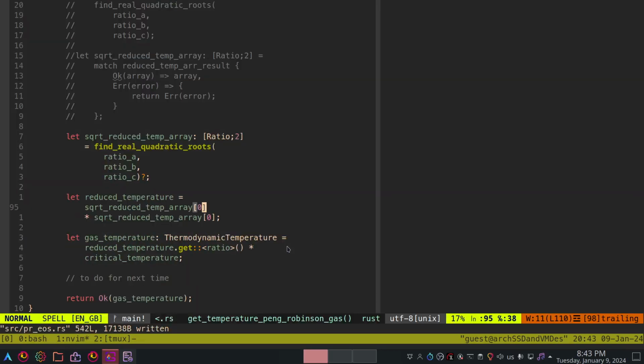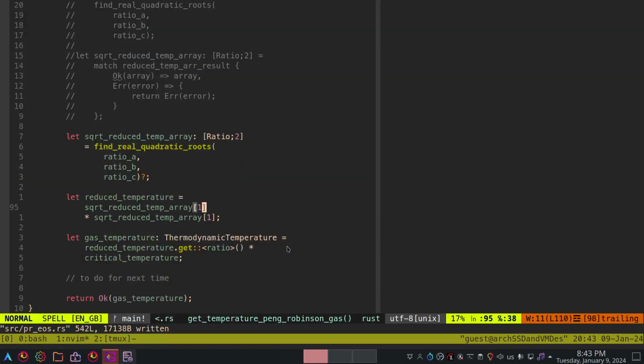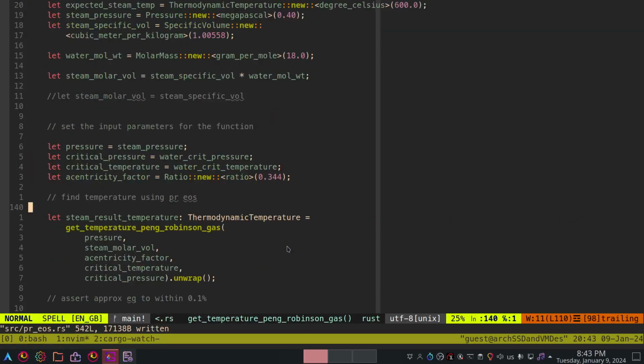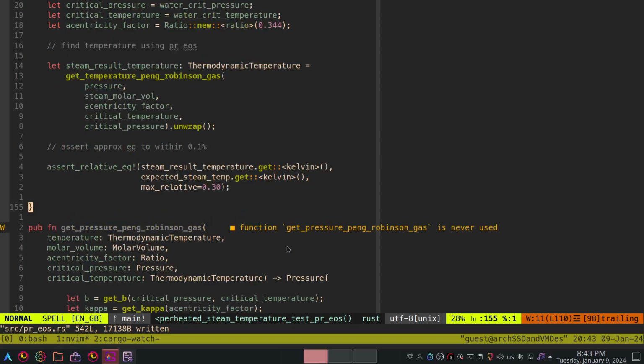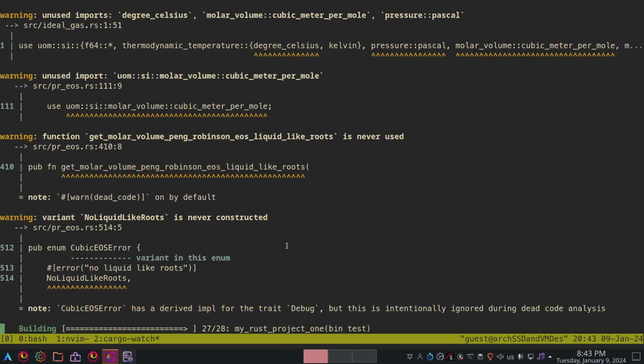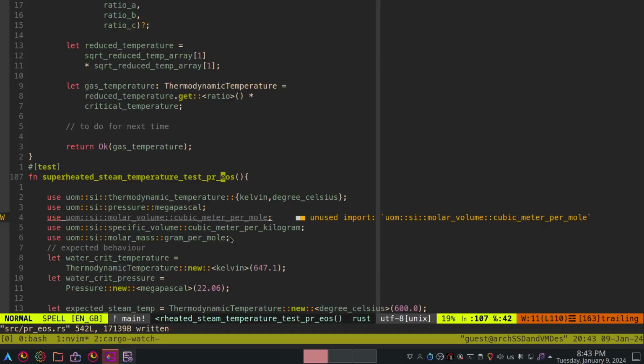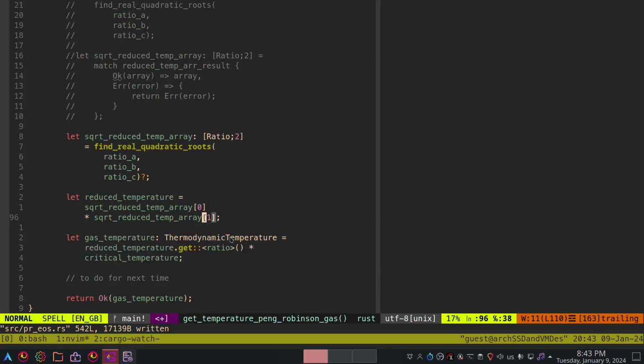If both of them 0, this actually works. If both of them 1, this also works. So let me reduce the error tolerance to within 0.001. This may fail. So this is 889, that's one of the temperature roots. And let me try both of them 0 just to test.